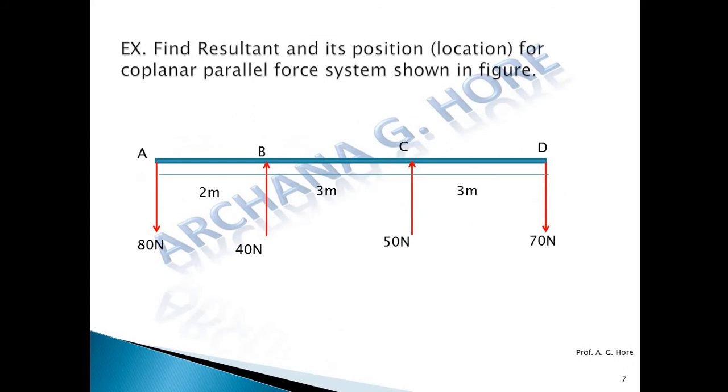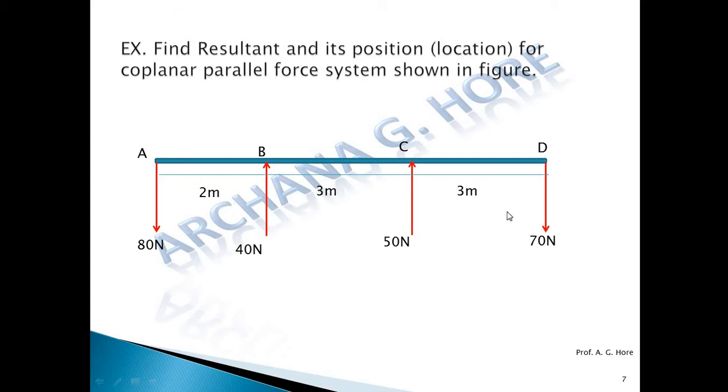Now the first numerical: find the resultant and its position or location for the coplanar parallel force system shown in the figure. Up to the resultant we solve first, and further we want to find out the position or location of the resultant.